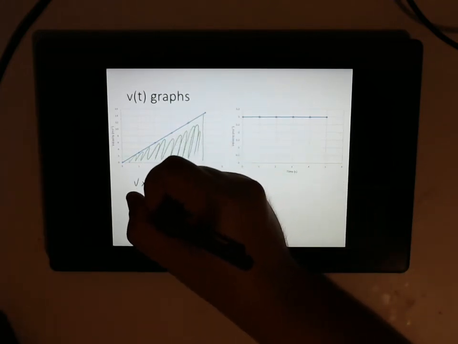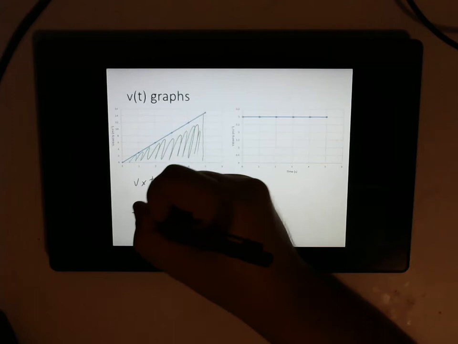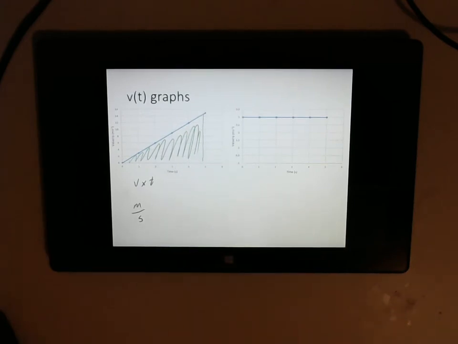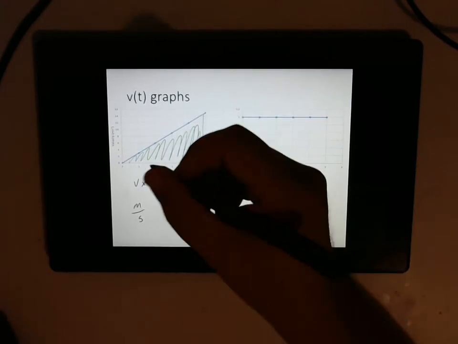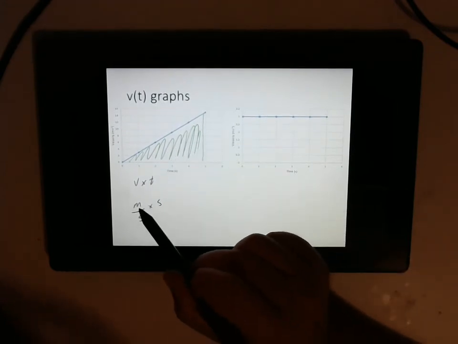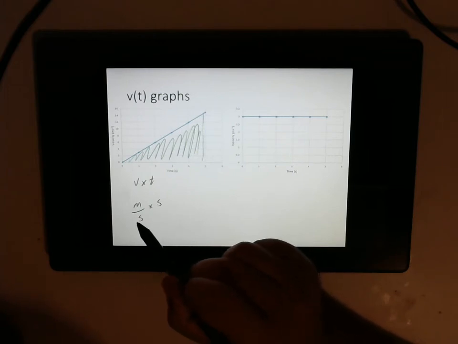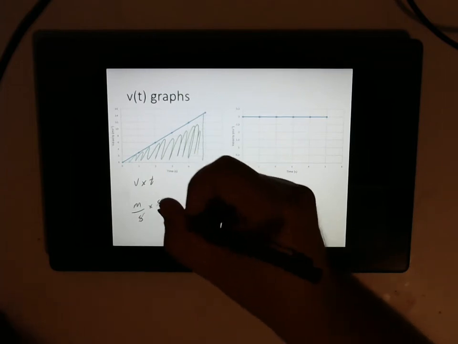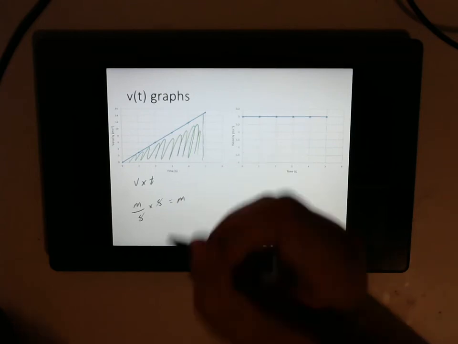So velocity's units are meters per second, while for time, our units are seconds. Well, if I have meters divided by second, and I multiply it by seconds, the seconds will cancel, and I'm just going to be left with meters.